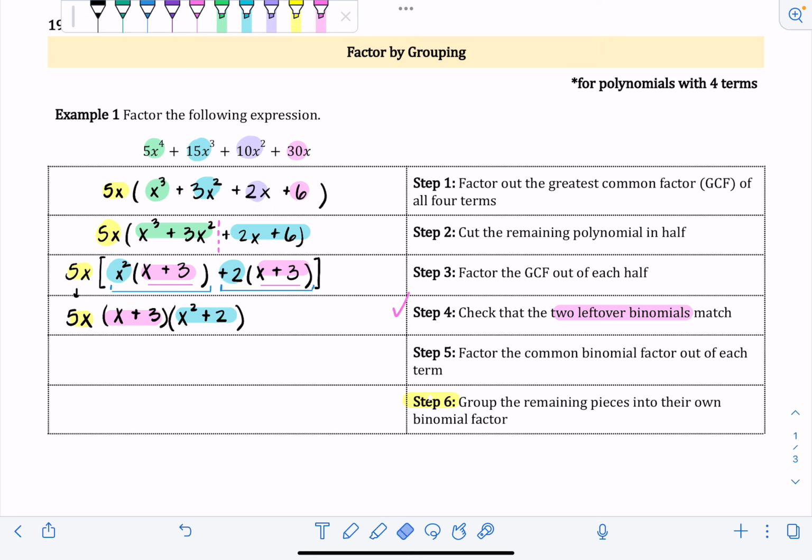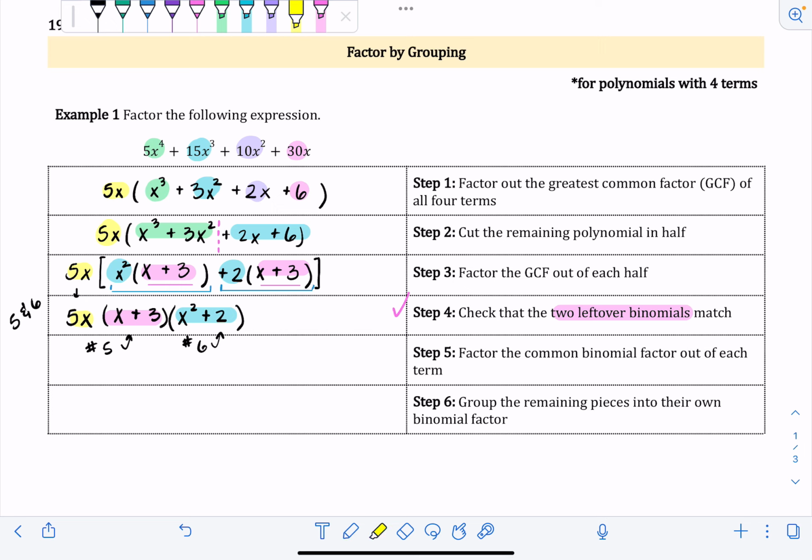So we're all the way through step 6. In step 4, we were just checking that these two were exactly the same. And then step 5 and step 6 kind of went together here. So I would say this was step 5 and this was step 6.